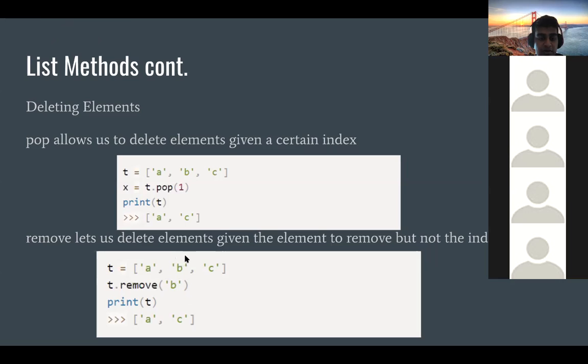So we're looking for B to remove from the list. When we print the list t, the element B will be gone. So the difference between the pop function and the remove function is that pop works based on the index, so if it's 0, 1, or 2, while remove works based on the value, so A, B, or C.